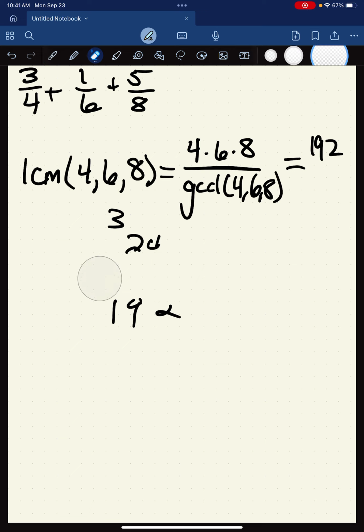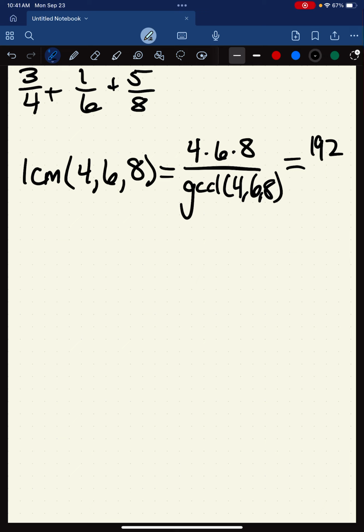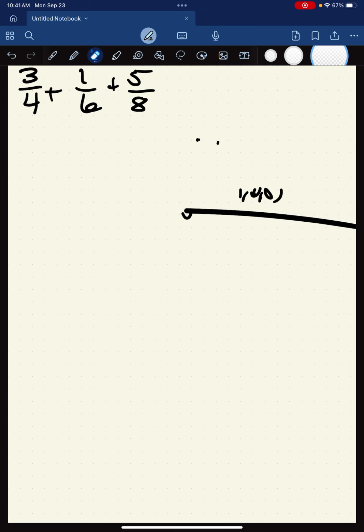Where's my eraser? There it is. And the greatest common, actually, I should mention, this only works for 2 numbers. So sorry, ignore that.